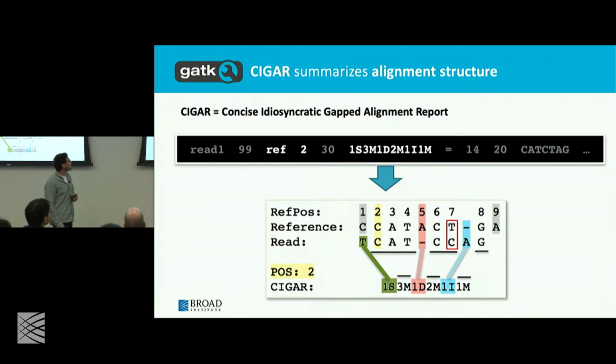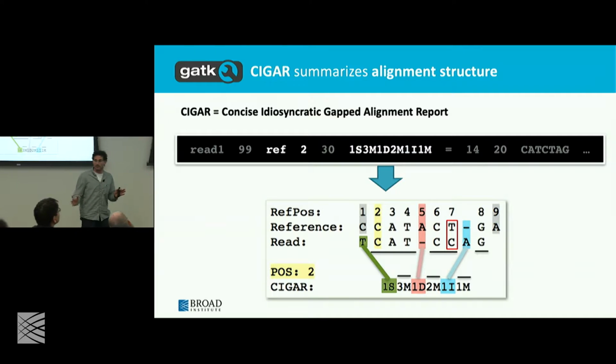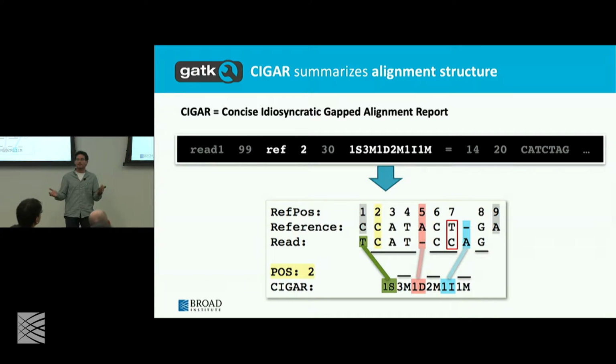Okay, so a bit more information about the CIGAR. CIGAR is an acronym. It took me a long time to find that out. Basically, a CIGAR is a concise way of writing down alignment information. For example, here, this CIGAR says the first base is soft clipped. That's what the S stands for. Then we have 3 matches.